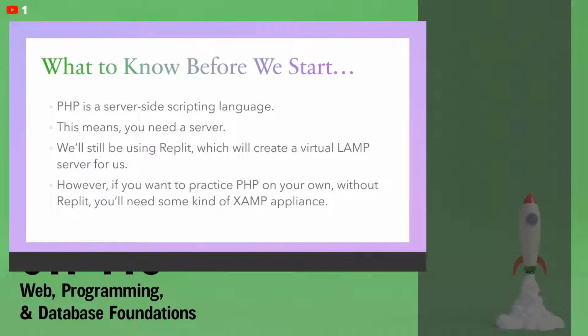But there are also, if you want to practice on your own without Replit, some other types of software that you would need. You'd want to be able to create a virtual machine. If you have some practice creating virtual machines with, say, VirtualBox, that would be an option. Another option would be to use a piece of software called XAMPP, which, let me see if I can get that pulled up for you here.